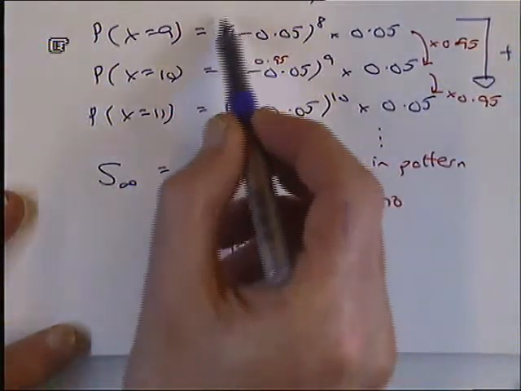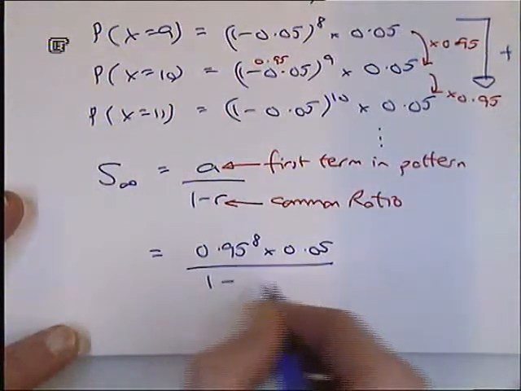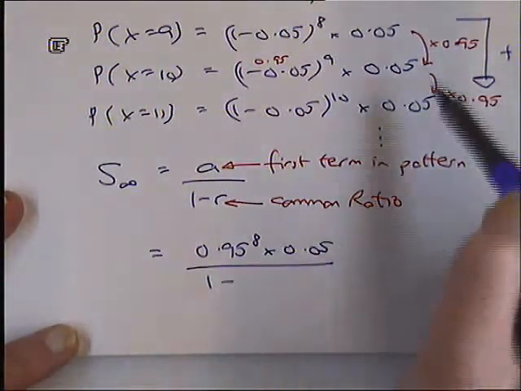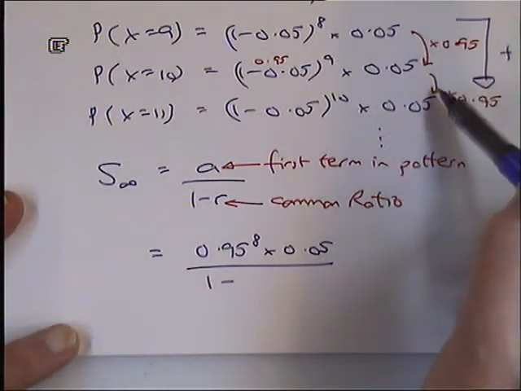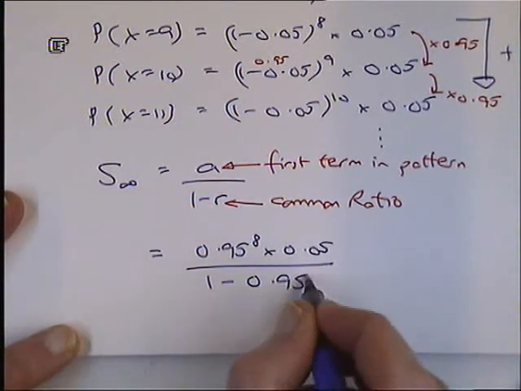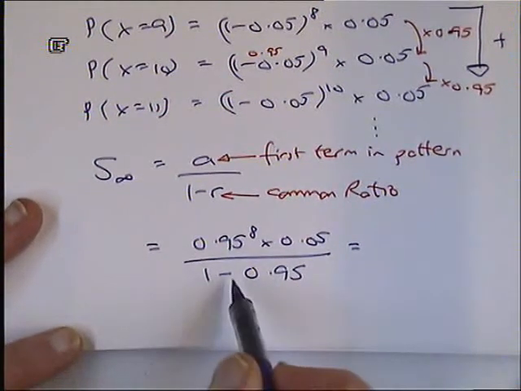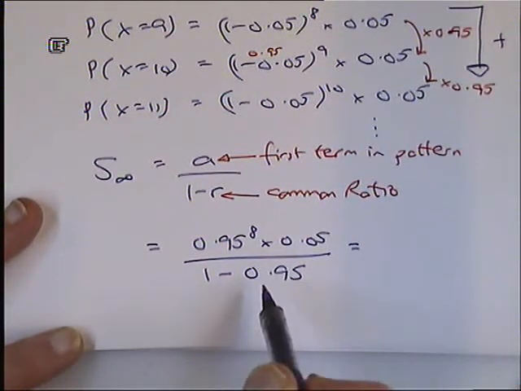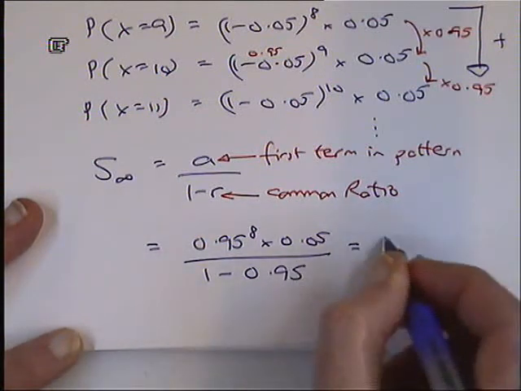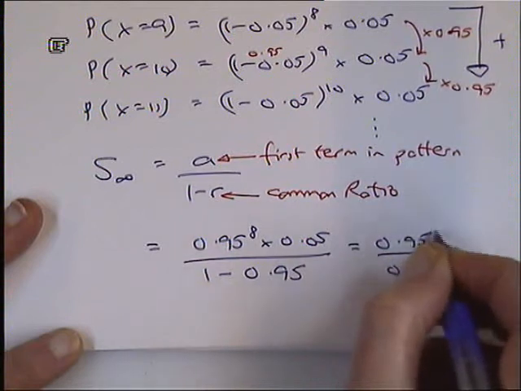That's the value of A, the first term in our pattern. And I divide it by 1 minus R. And R was whatever I'm timesing each line by to get the next line. And here that was 0.95. Now it so happens here that the answer to this little sum on the bottom is 0.05. I'll just write the top line in here as well.